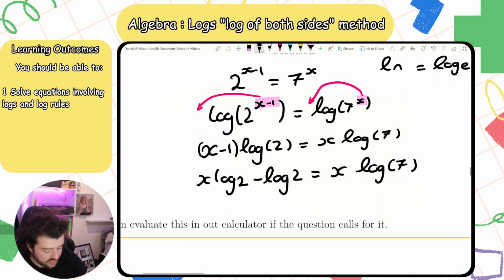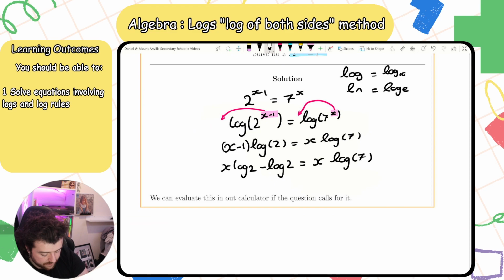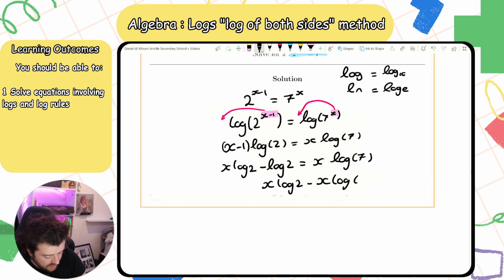Let's gather my x's to one side, so I'm going to have x log 2 minus x log 7, and then bring that minus log 2 over to the right, so it's going to be log 2, change the sign. Factor out an x here, I have x times log 2 minus log 7 equals log 2.